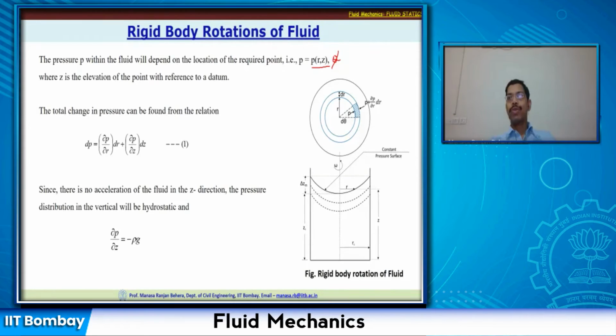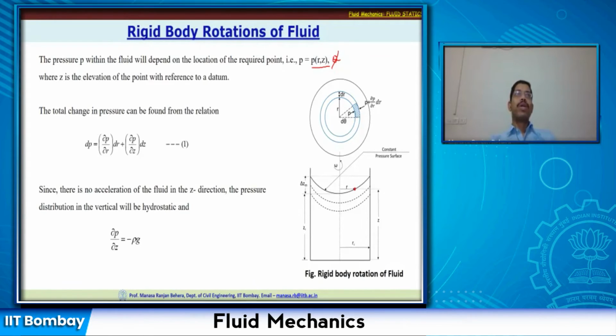This is the constant bottom bed of the tank, and from there I measure any point, and that is nothing but my z. So for this point, this is my r and this is my z. The pressure at that point is going to be a function of r and z. If r varies, the pressure will possibly vary. If z varies, the pressure will vary.